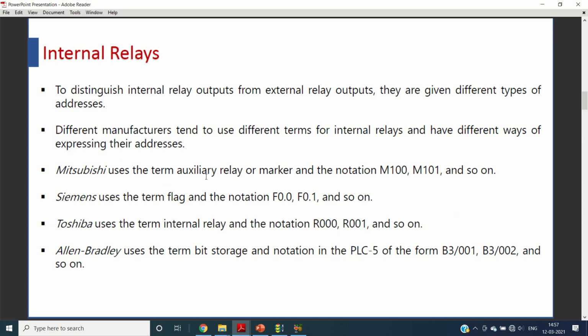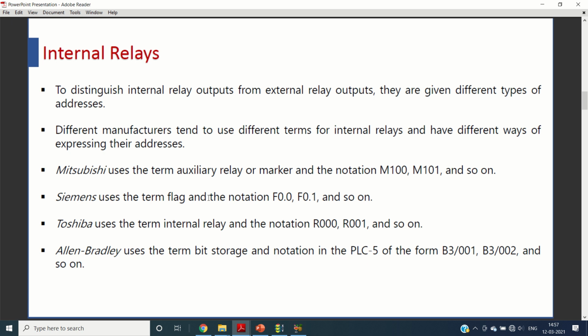In Mitsubishi, the term auxiliary relay is used and the notation is M, for memory bit, M100, M101, likewise. Siemens uses the term flag. So Mitsubishi takes it either as auxiliary relay or marker. Toshiba uses the name internal relay and Allen Bradley uses the name bit storage in PLC-5.